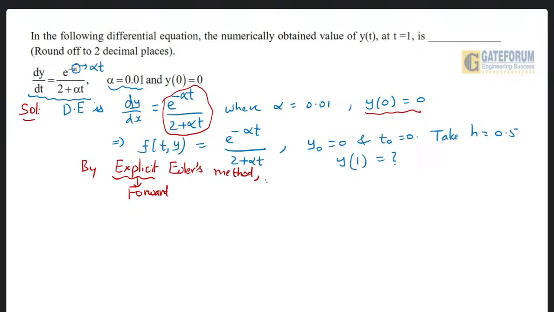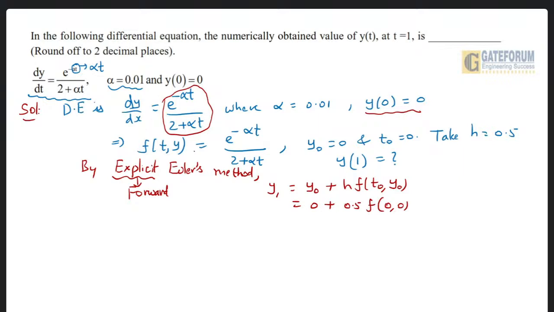There, put i = 0: y1 = y0 + h times f(t0, y0). Here y0 value is 0, h value is 0.5, and t0 value is 0, y0 value is 0.